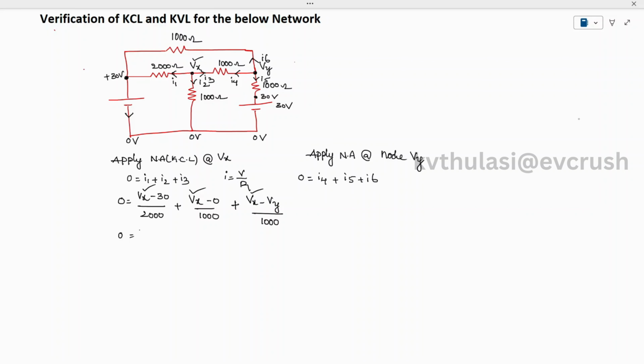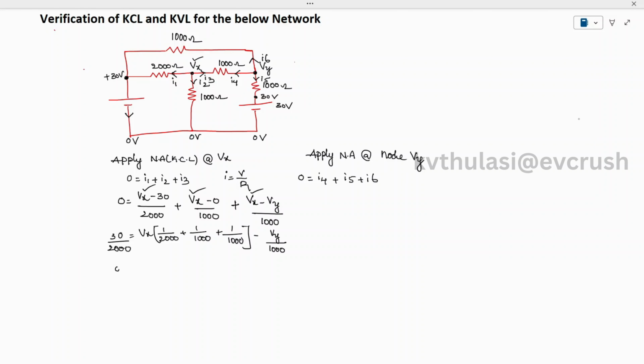Now I'm going to take Vx as a common term. When you take Vx as a common term, then it is Vx of 1 by 2000 plus 1 by 1000 plus 1 by 1000, minus Vy by 1000, is the one equation. This is 30 divided by 2000.